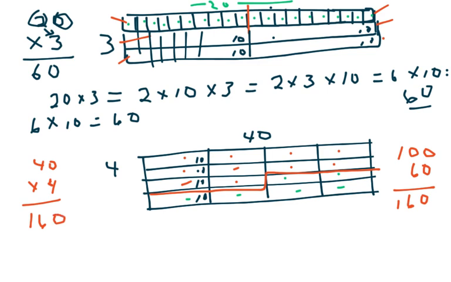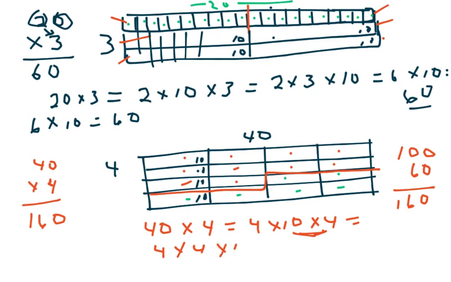Okay, then I could show you the mathematical way. So let's look at that. 40 multiplied by 4. We know that 40 is 4 times 10. Another way to write it, times 4. And with commutative, we can switch these positions here. Commutative property says you can change them without changing the value. So it could be 4 times 4 times 10.